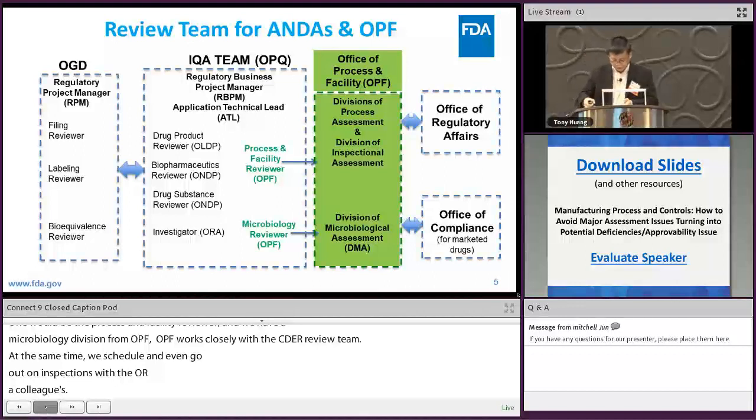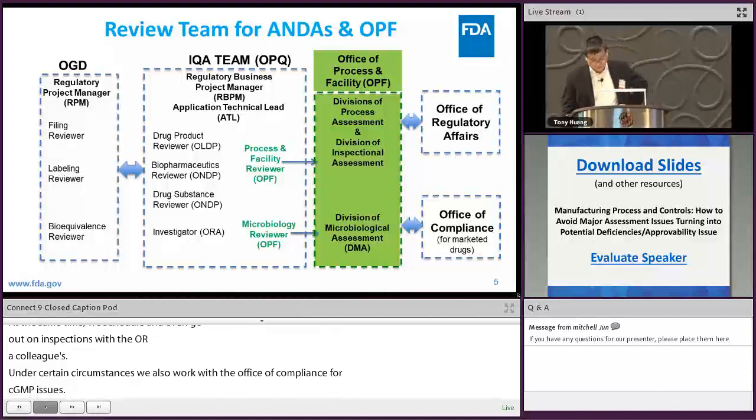Then let's move on to the major and minor. I'm sure all of you have received letters from the agency saying you have this major deficiency, you have minor deficiency, and what are they?